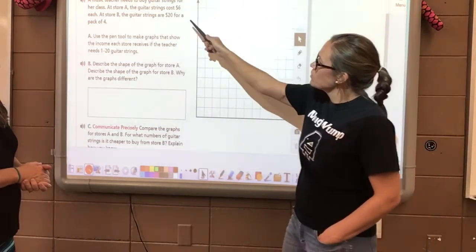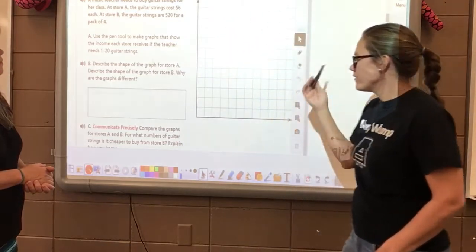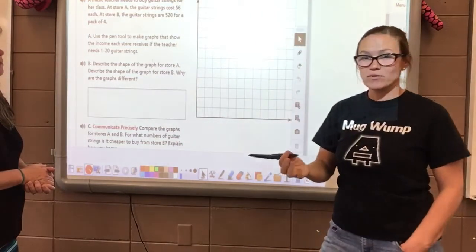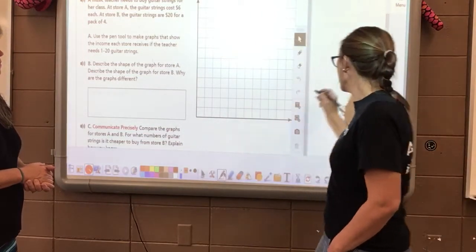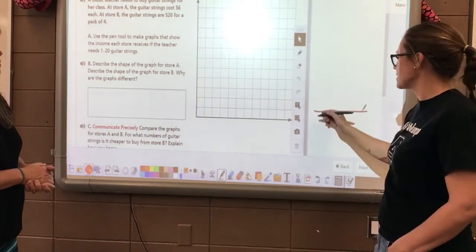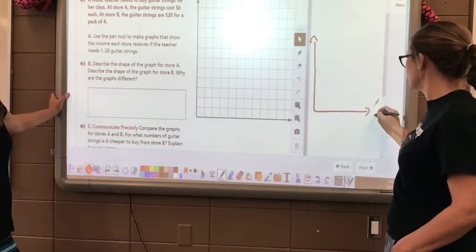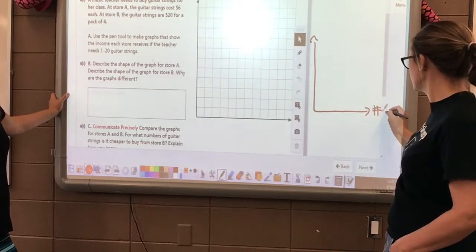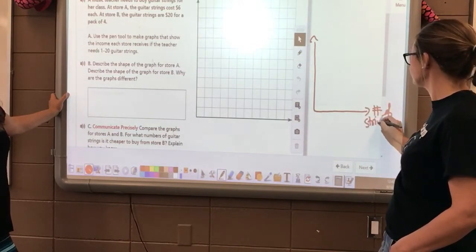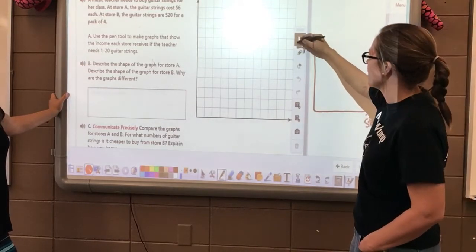When I think about this $20 for a pack of 4, if I only needed 1, I'd still have to pay $20 at that store. And so I'm thinking about labeling this bottom as the number of guitar strings, and this as how much it costs.